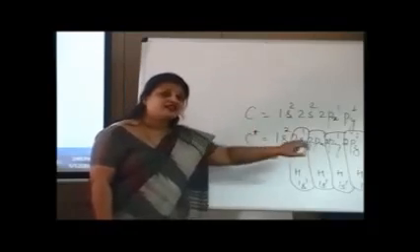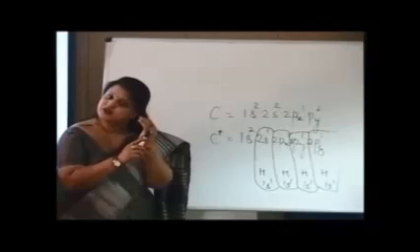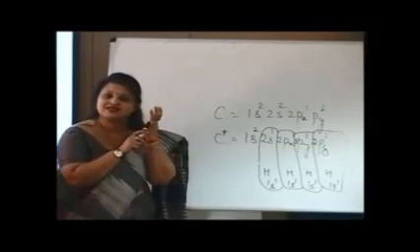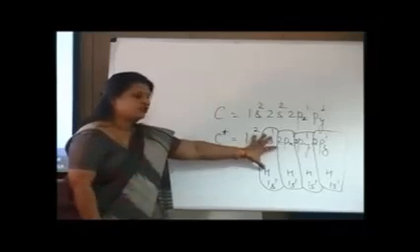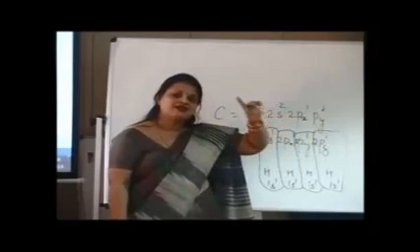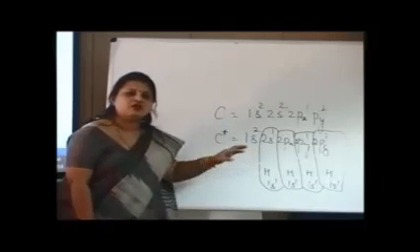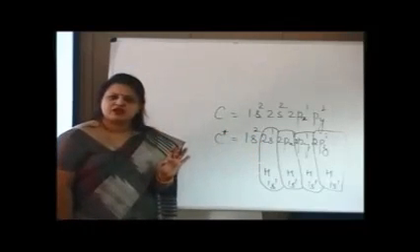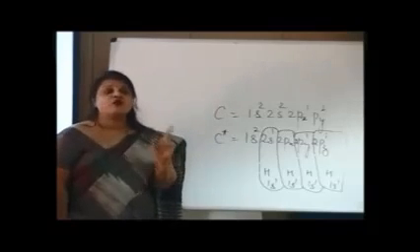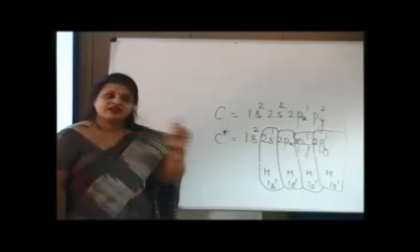So this bond length should be shorter than these 3 bond lengths, and hence there should be distortions in the geometry, plus there should be 2 sets of bond lengths which we should observe. One corresponding to this bond, another corresponding to these 3 bonds. But experimentally it has been found that the CH4 molecule is a perfect tetrahedral molecule. There is no distortion at all, and all the 4 C-H bond lengths are equivalent.